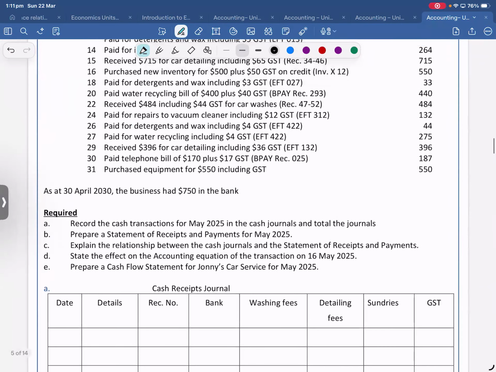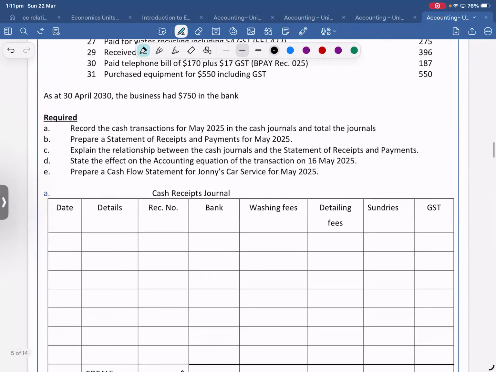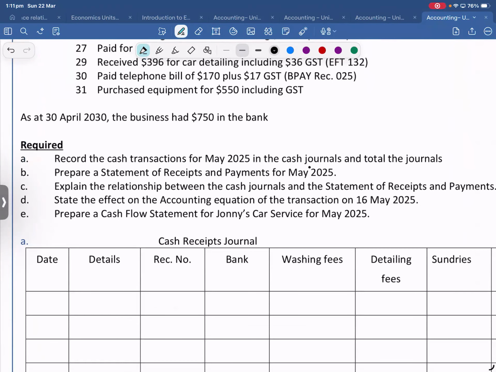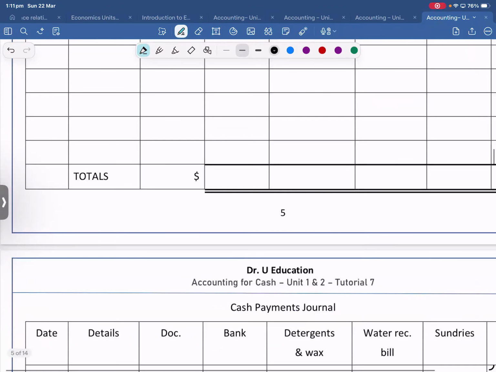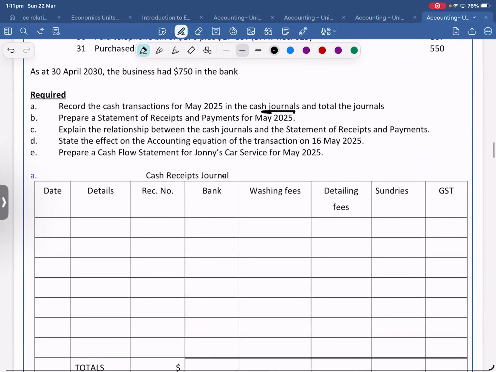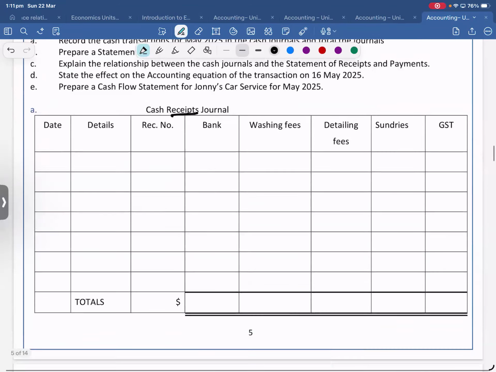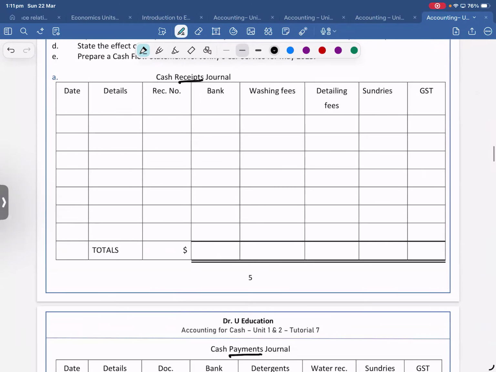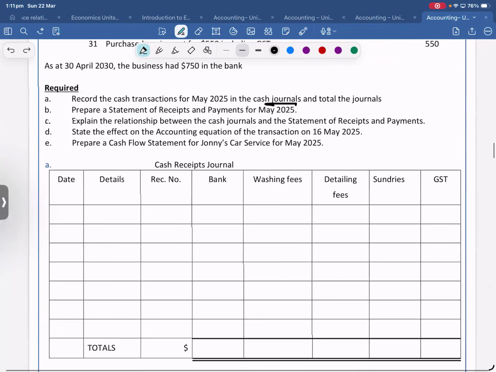Firstly, what's the date? So now I have given two things. Now you have to record cash transactions in the cash journals. So we have two. One is cash receipts journal, and the other one is payments. So we have to figure out in which journal we are recording. As long as it is a receipt, we are recording in the cash receipts journal.